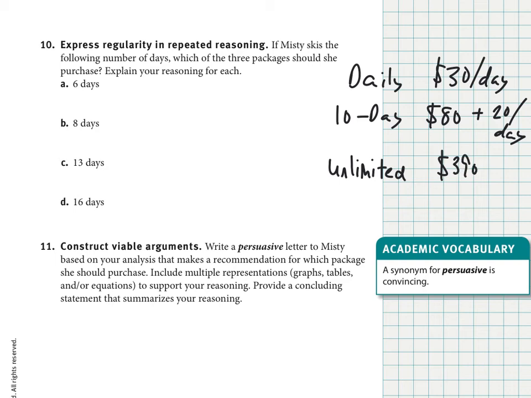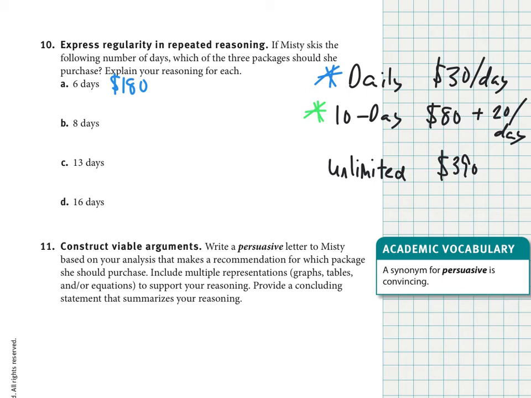Okay, so let's see which of these options is best. If she were to go skiing for 6 days, what would each option cost her, and what would be the best option for her? For 6 days, if she did the daily option, at $30 a day, 6 times 30 is $180. If she did the 10-day option, she's paying the $80 up front, and then we're adding $20 for each of those 6 days.